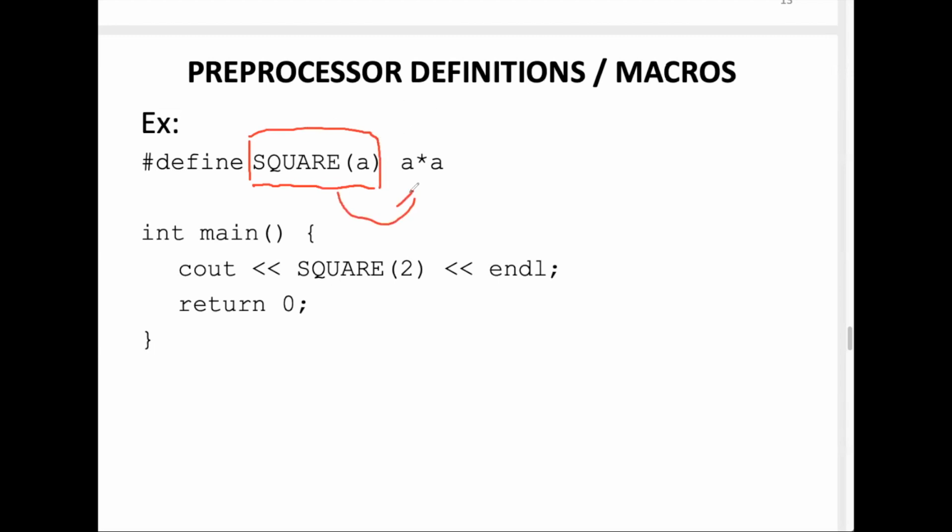This is the identifier, and this is the replacement. The replacement code is A times A, but square is the identifier. So wherever you see square of 2, for example, the 2 is the variable A, which becomes 2 times 2.